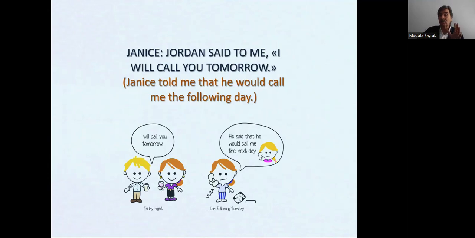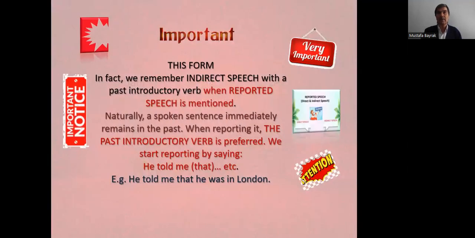Jordan is the only person as original speaker here. Again, let me read it from the beginning, as in the indirect speech. Janice told me that he would call me the following day. Okay. Now, this is really important. Yes, let's read it carefully and attentively.